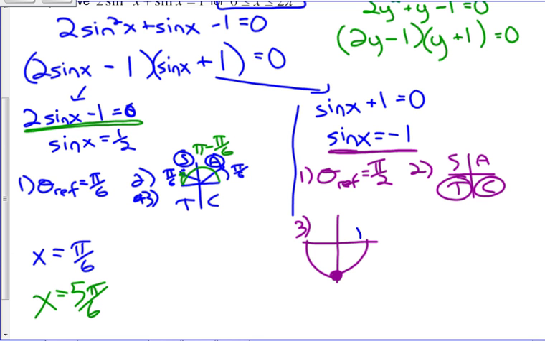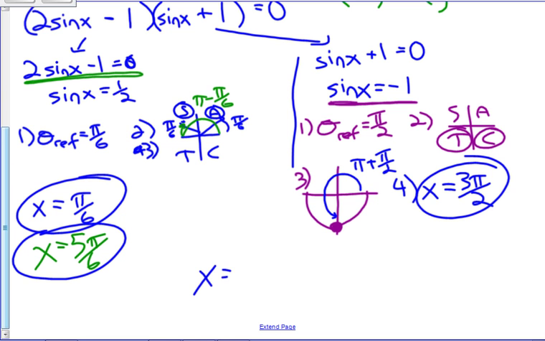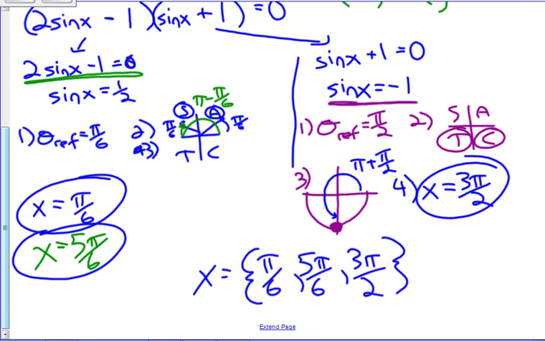And the measure of that angle would be pi plus another pi over 2. Okay, so pi plus pi over 2, which makes 3 pi over 2, or 270 degrees. These are all solutions to the equation. Okay? And if we were to put them as a set, the solution set would be pi over 6, 5 pi over 6, and 3 pi over 2 in that first revolution.